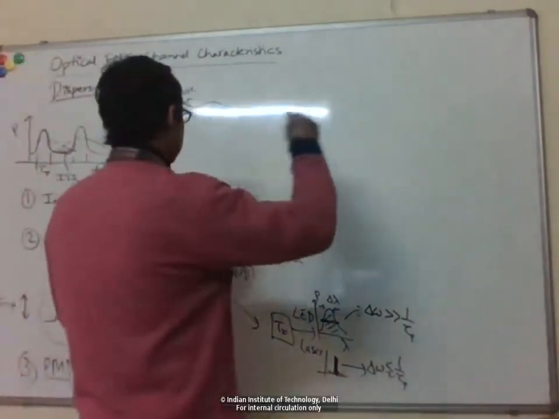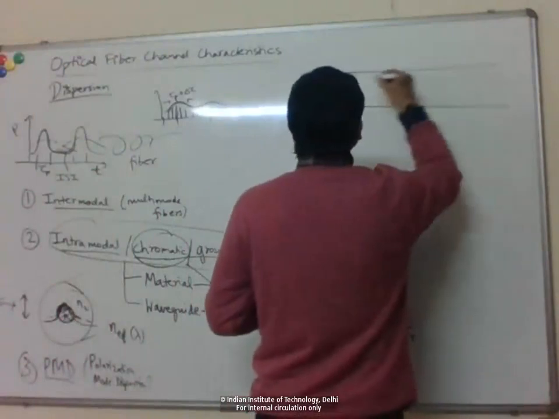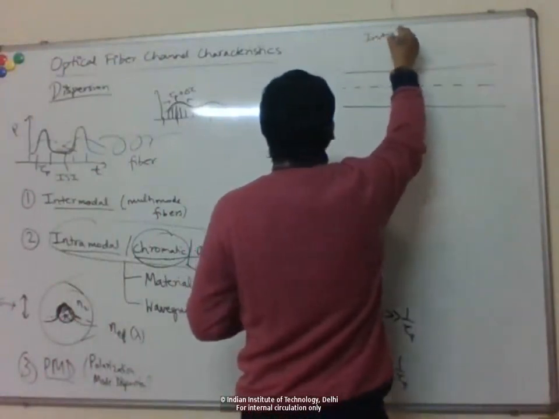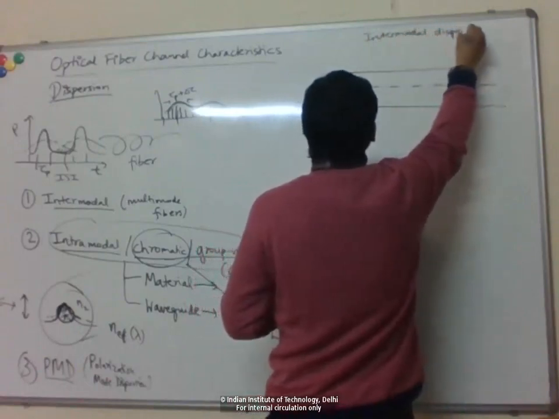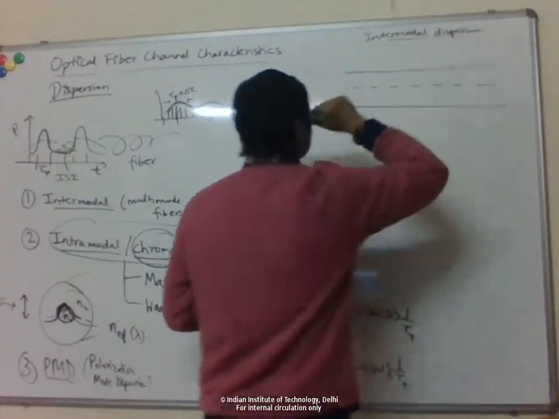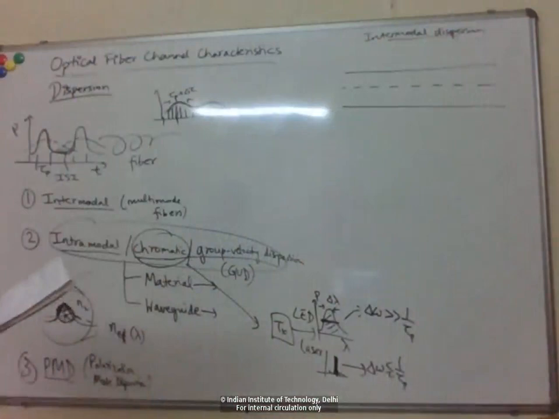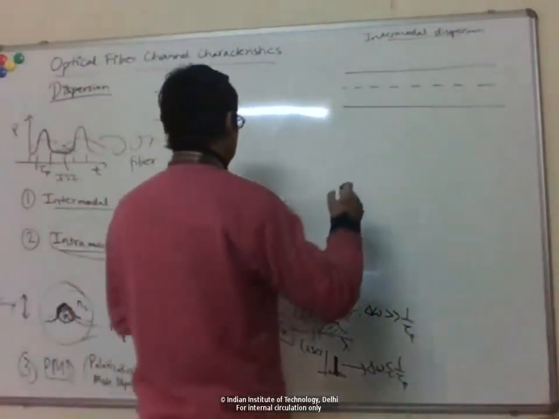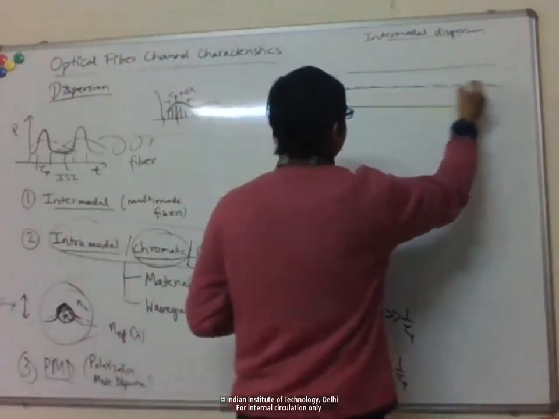So intermodal, you can think of it as a multi-mode fiber, right? You can think of different modes as different rays propagating in the fiber. For example, you could have a ray which just goes straight through.